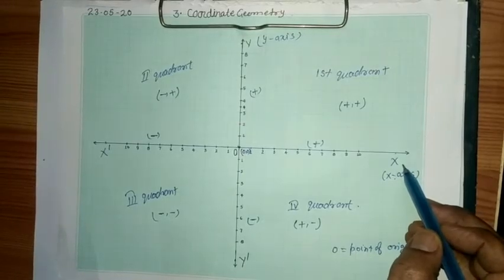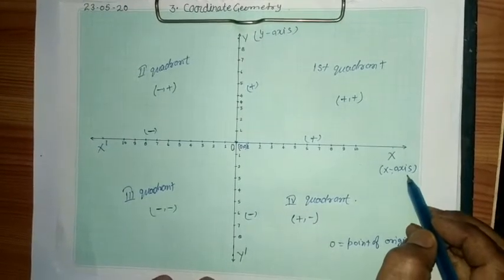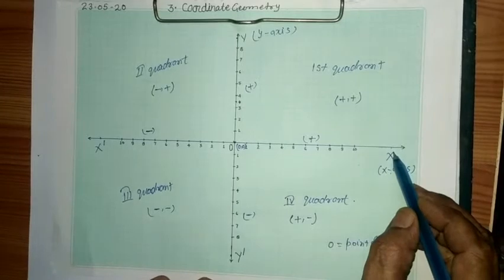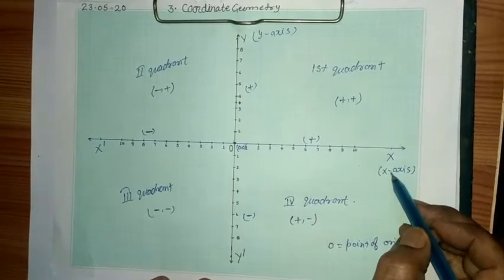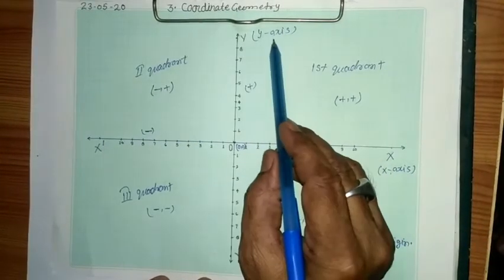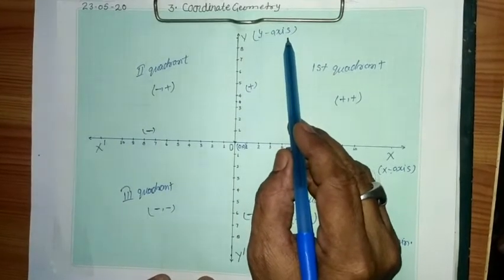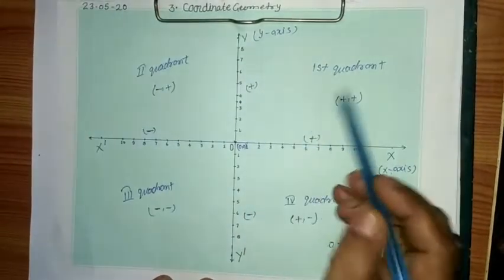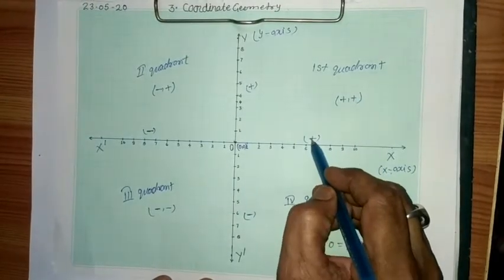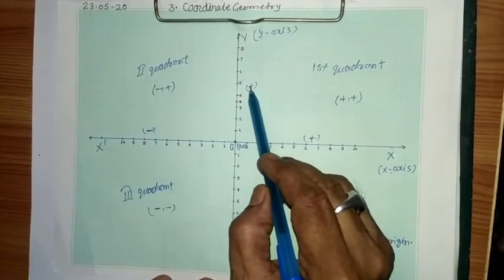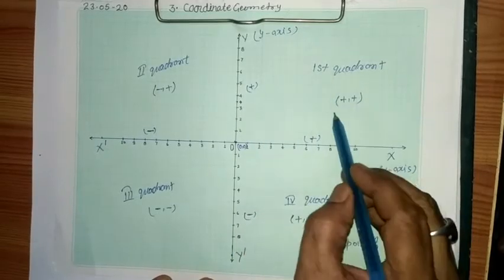Again I am repeating, the x-axis value is known as abscissa and the y-axis value is called ordinate. The set of abscissa and ordinate is called the coordinate.